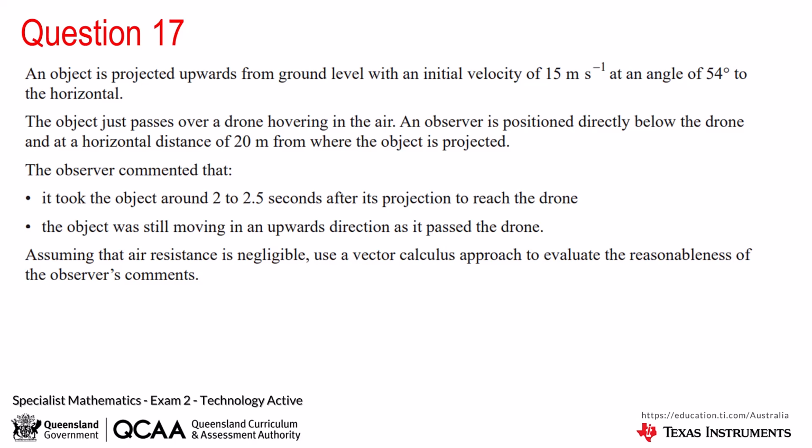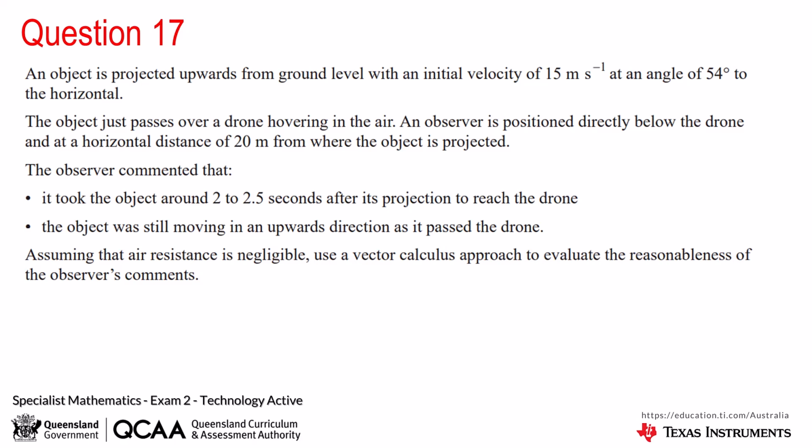Now, let's first of all look at the observer's first claim. We know that in the horizontal direction, the horizontal velocity is equal to 15 cos 54 degrees. So if we were looking at the distance travelled in the horizontal direction, x of t is equal to 15 times cos 54 degrees multiplied by t.